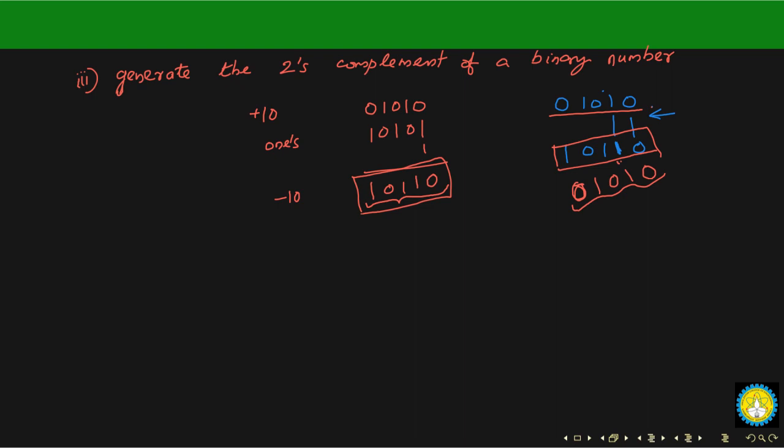Then only you can attempt this question, right? So what we are essentially doing here is that you parse the string until you see a 1, and up to that portion you copy everything as it is. And then when you see a 0, you output 1.